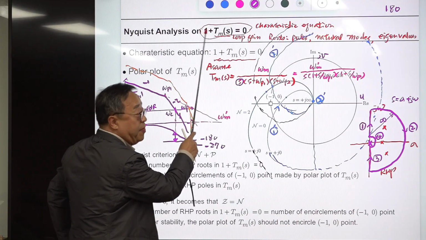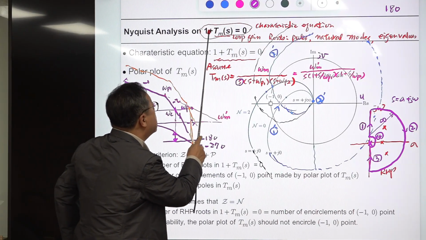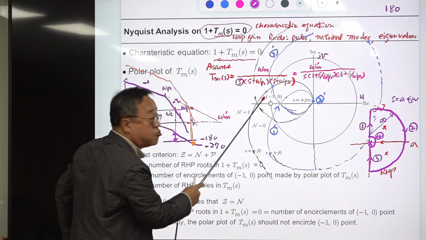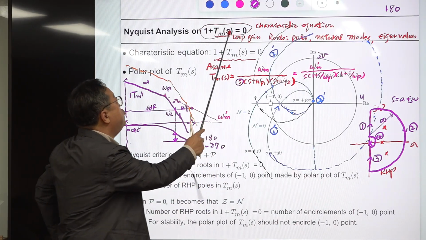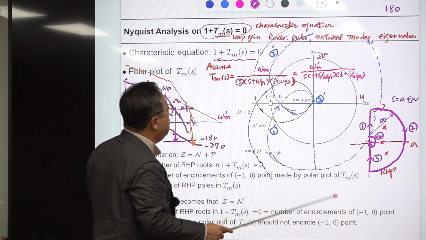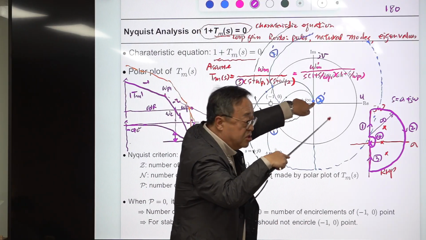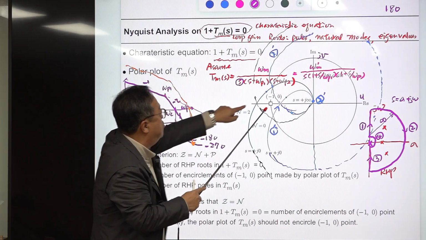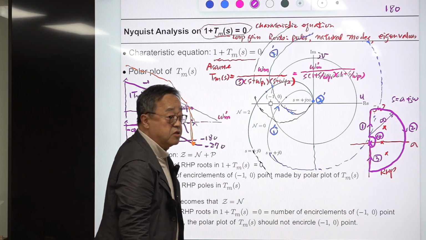Why are we worrying about this point? Because of this number 1. In 1 plus TMS equals 0, this number 1 is reflected to this point. If you were interested in TMS equals 0, then you would need to think about the encirclement of the origin, but because of the 1, you consider this point. This is stable.